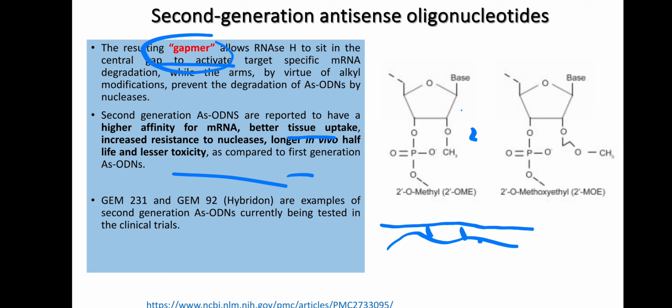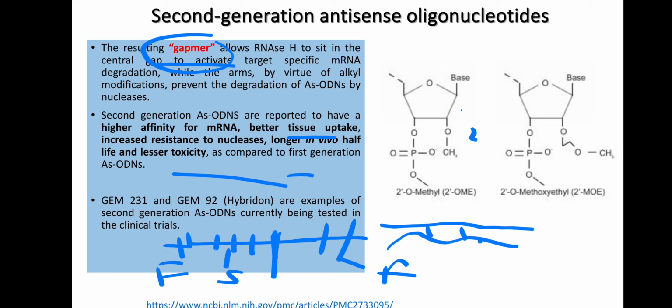So what is a gapmer? In a gapmer, some nucleotides are hybrid, some from the first generation and some from the second generation. You can see this part is second generation, and this middle part is first generation. So it can create maximum interaction with the target mRNA.